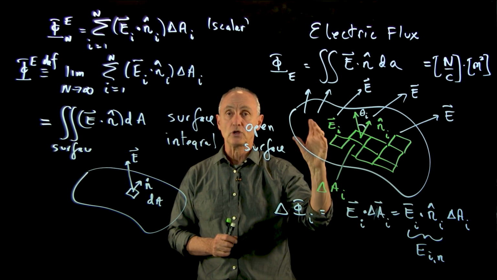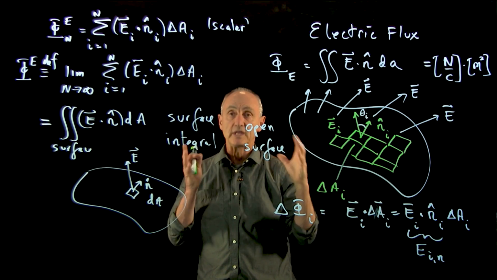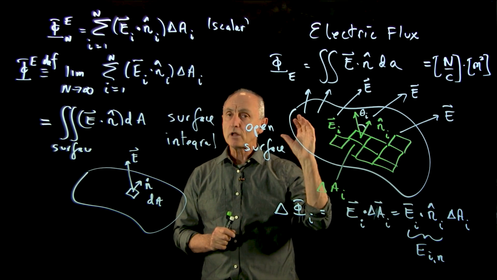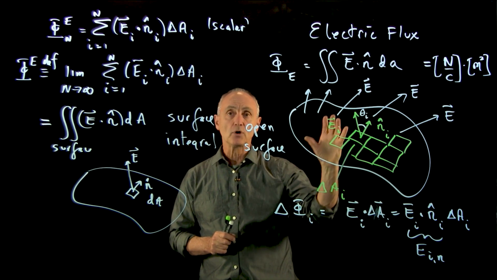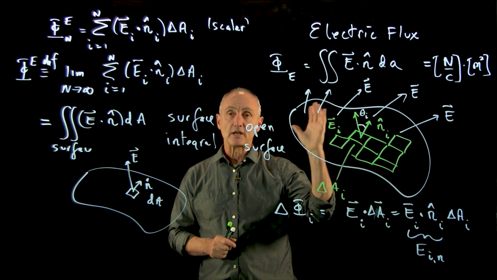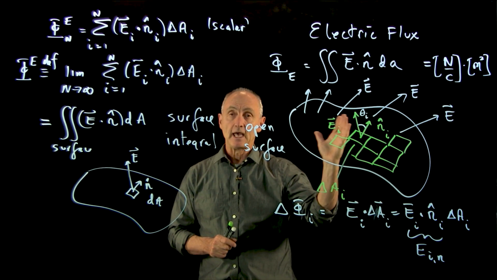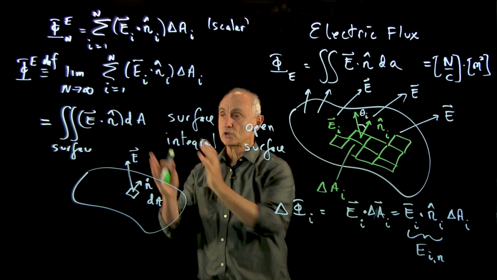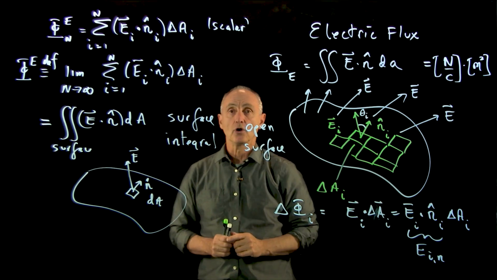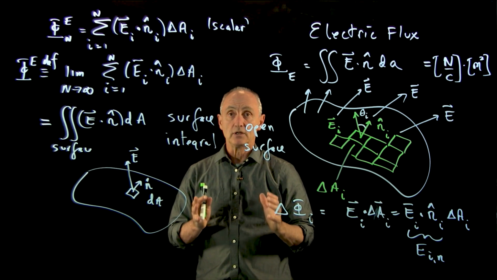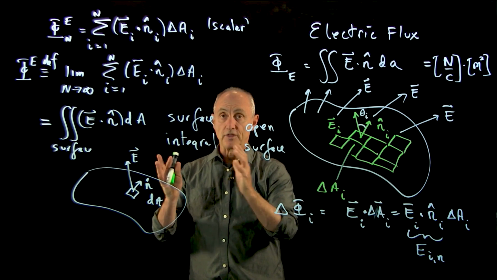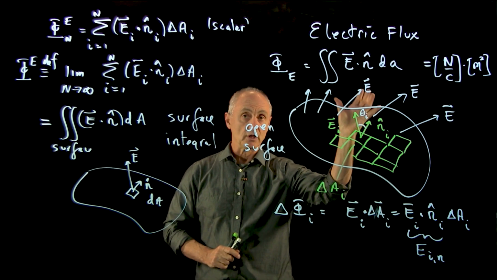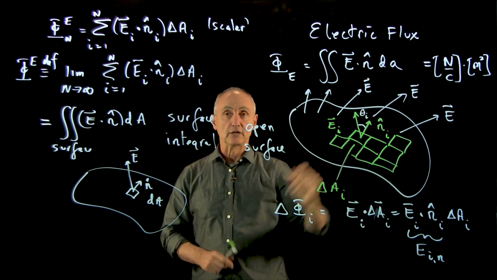It could be cylindrical, spherical, and so we know what the area is. And not always, but most of the time, we'll pick an E field that is perpendicular to the surface and constant in magnitude over the whole surface. So evaluating these integrals will be reasonably straightforward. But the important thing is to understand conceptually what we mean by electric flux.